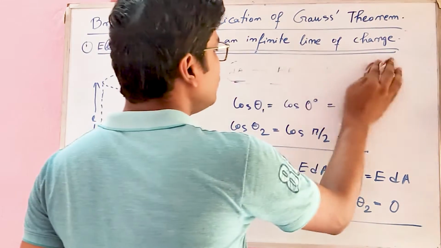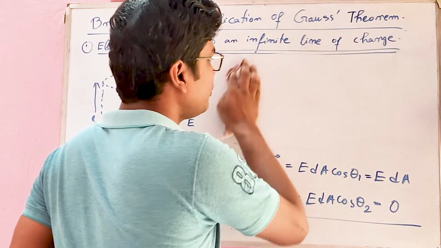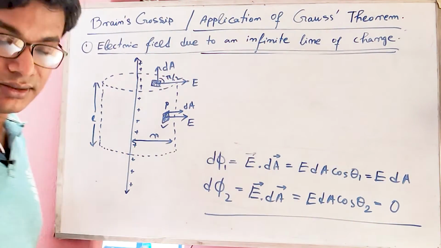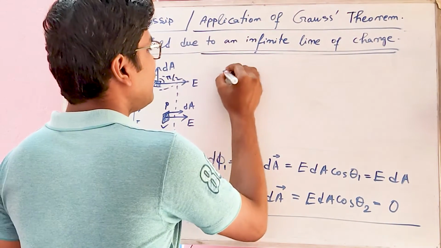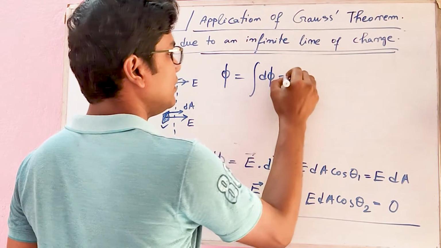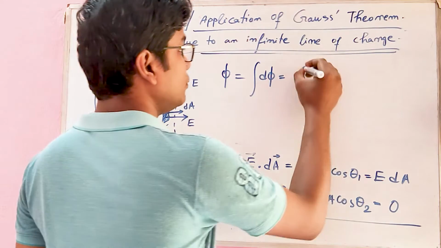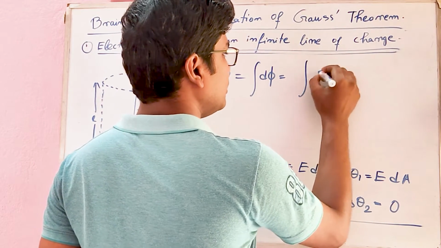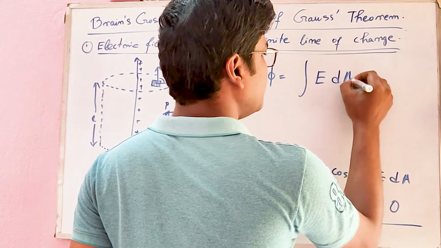So in order to calculate this total flux, we have to integrate. Total flux is phi, that is equal to the integration of d phi, and that is equal to the integration of E dA.